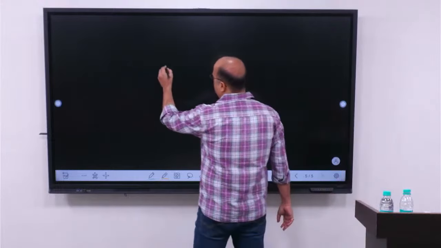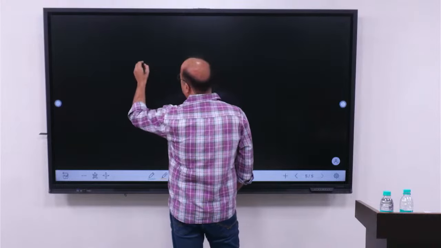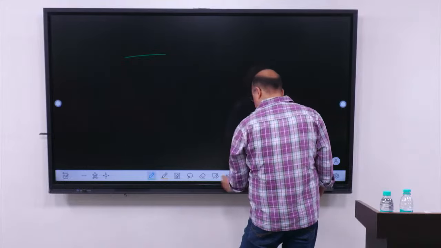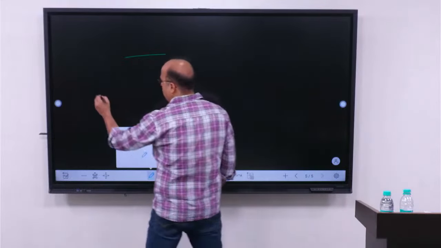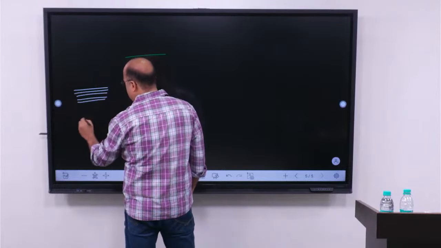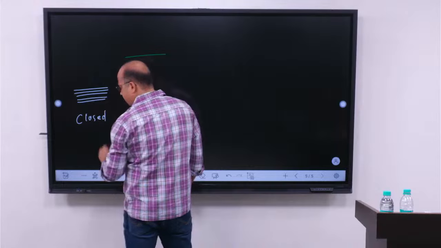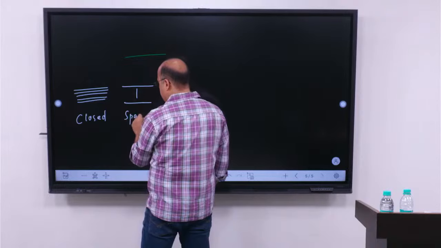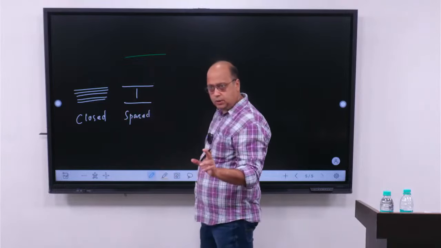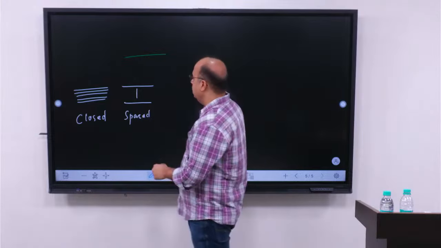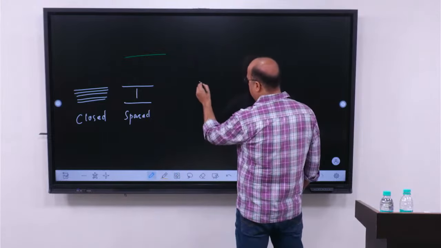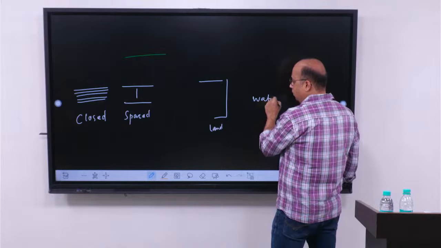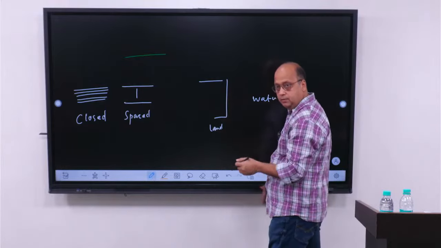Let us see first what is close. When two isotherms are very close, we call it a closed arrangement. And when there is a space, we call it a spaced arrangement. So between land and water, where are the isotherms closely arranged?